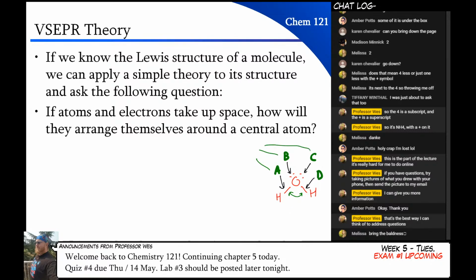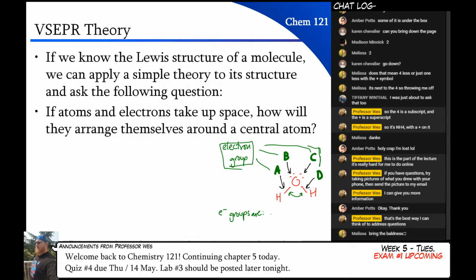So what I have drawn here on these A, B, C, and D things, here, let me get D in here too. These are what are called electron groups. And electron groups are just things that have electrons in them.